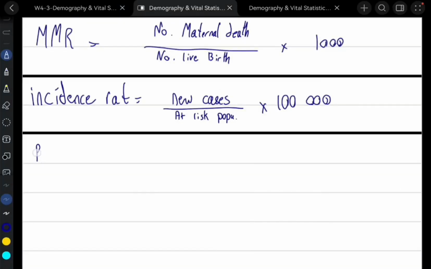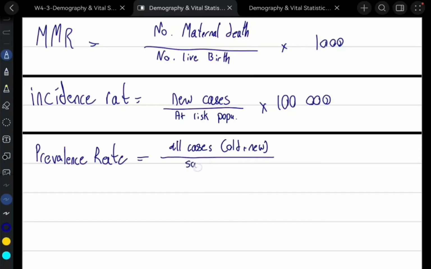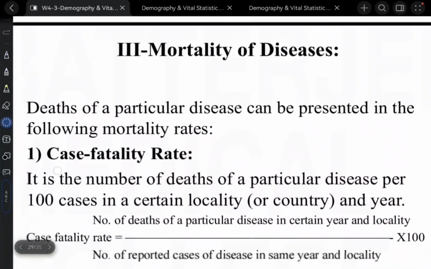So if we put here prevalence, excuse any misspelling, it is all cases over surveyed patients times also 100,000. Surveyed or examined, both work.